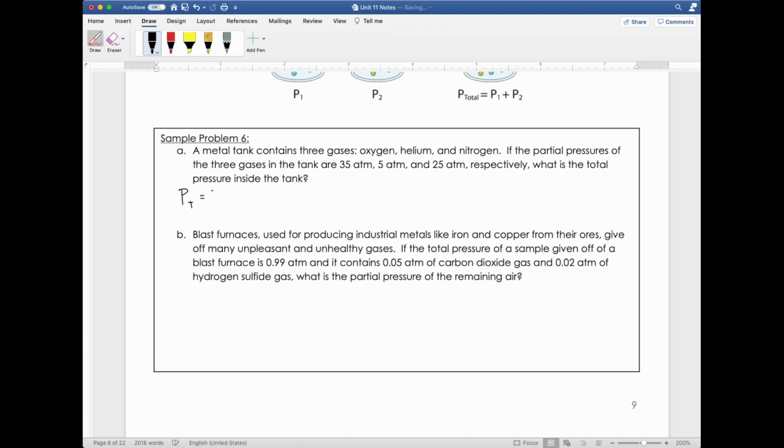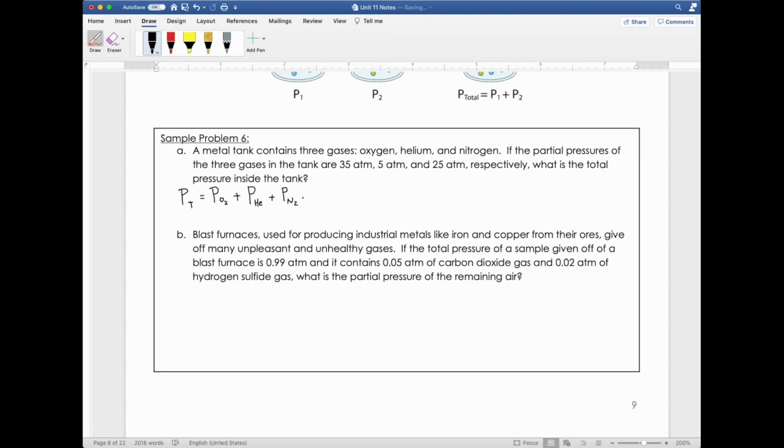The total pressure inside the tank, because this tank contains only 3 gases, is equal to the partial pressure of oxygen plus the partial pressure of helium plus the partial pressure of nitrogen. You have to have those 3 P's there because, of course, the tank contains 3 gases.